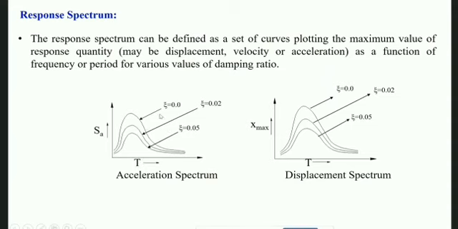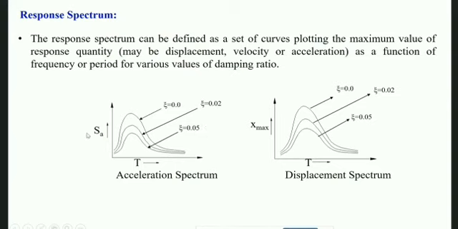For example, I'm showing here zeta equal to 0.0, that is the undamped situation, which is of course hypothetical. Then if the damping increases, the response curve will go down. So 0.02 is normally for the steel structure, and 0.05 is for the concrete structure, 2% and 5% of the critical damping.